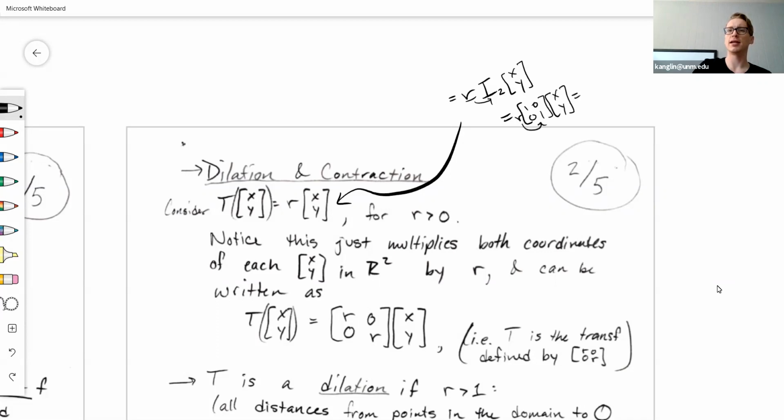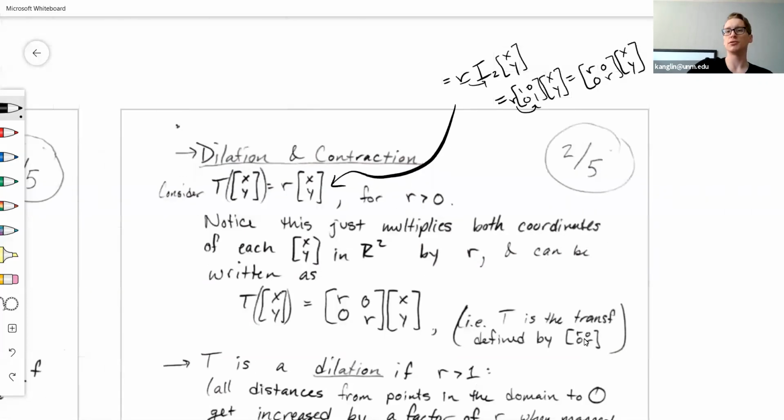Multiplying the R into the identity matrix tells us that same transformation, just taking a positive scalar multiple of xy, can be written as multiplying xy by the matrix R0, 0R. So in this case, we would say this dilation and contraction transformation is really just defined by the matrix R0, 0R, because that's the matrix that the transformation looks the exact same as multiplication by. Multiplying by this is the same as applying T.